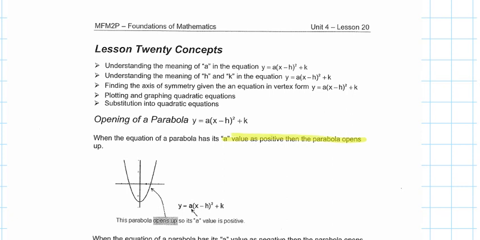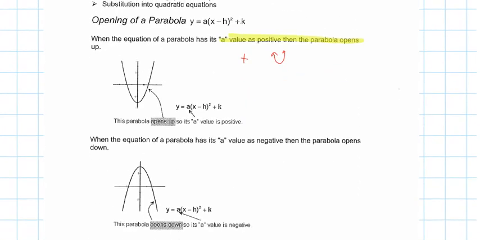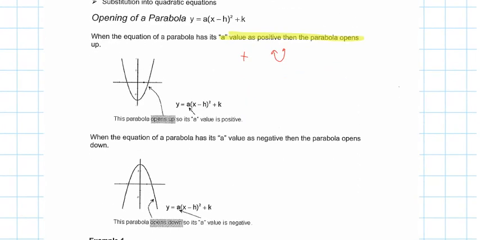Okay? When you're feeling positive, are you feeling sad or happy? Happy. Smiling. Right? So positive, right? Up. So if the a value is positive, the parabola is going to open up.